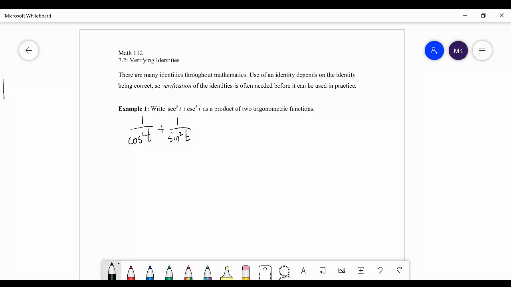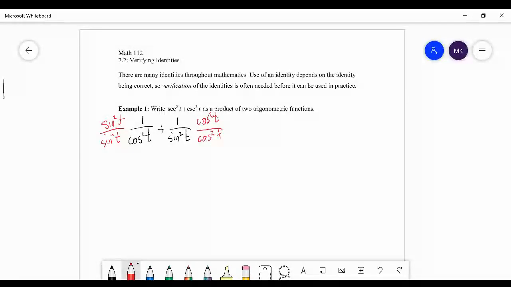And to do that, we need a common denominator. So I'm going to multiply this left side by sine squared t over sine squared t, and this right side by cosine squared t over cosine squared t.